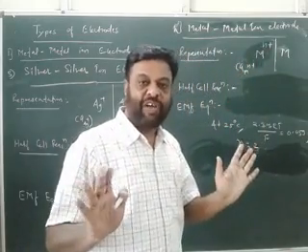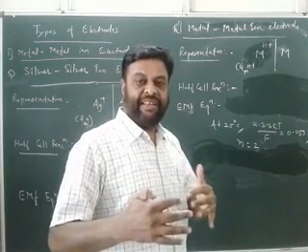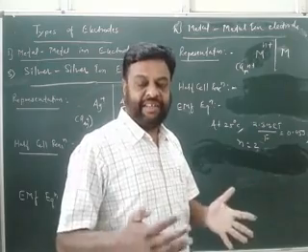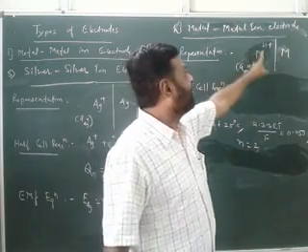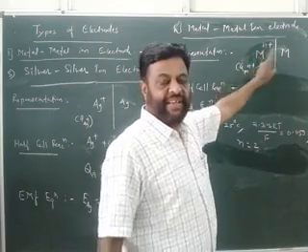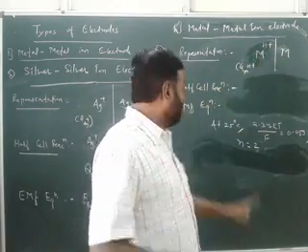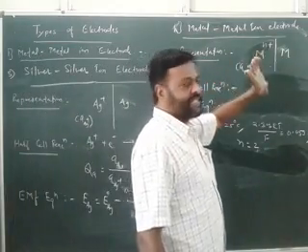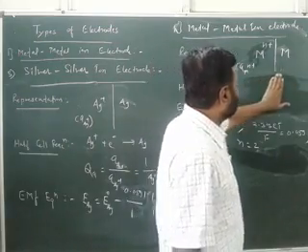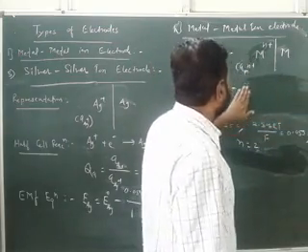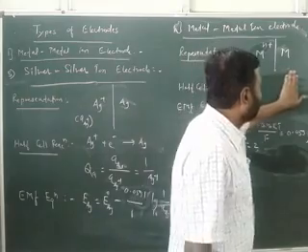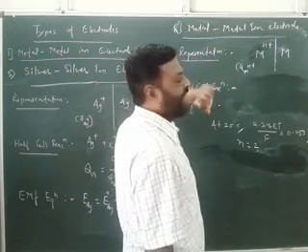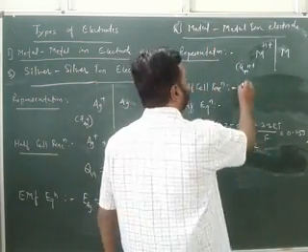We do not know how many electrons are required to discharge the ions, in Zn2 plus or in silver Ag plus, so we can write M raised to n plus. So this is the representation of the metal ion electrode.